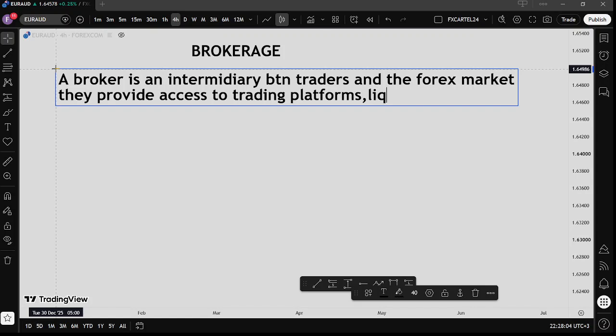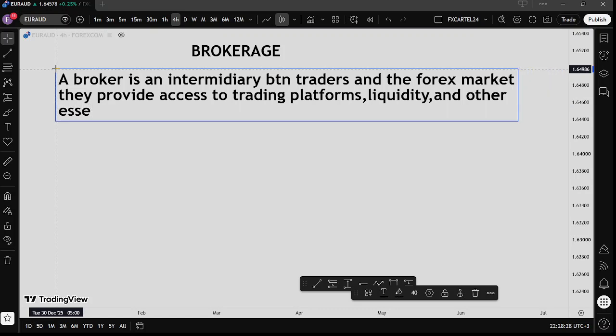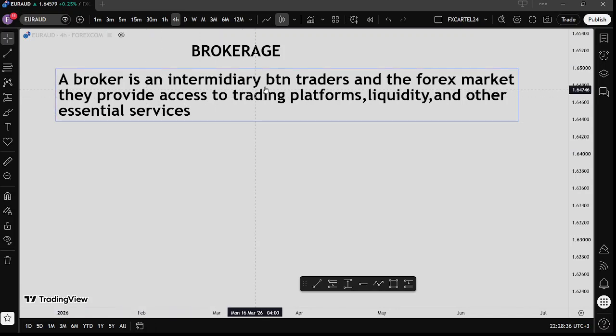A broker is an intermediary between traders and the forex market. They provide access to trading platforms, liquidity, and other essential services.